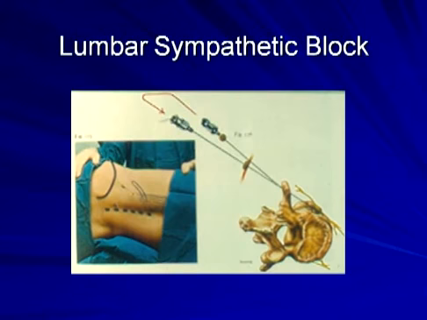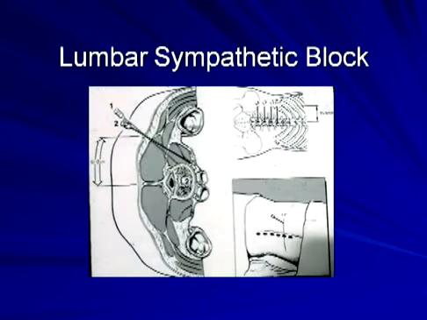You give the local, and here's another picture of it, cross-section, where the needle is placed right in here, away from the somatic nerves. And you can either put in one needle and give a large volume to get spread up and down the fascial plane, or you can put in multiple needles at the various levels.